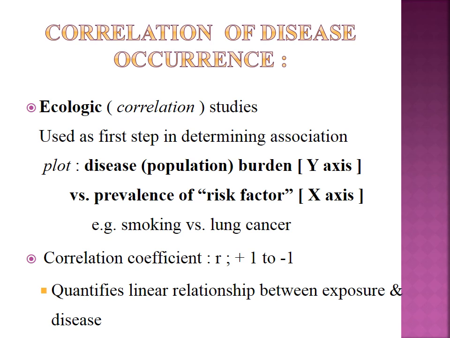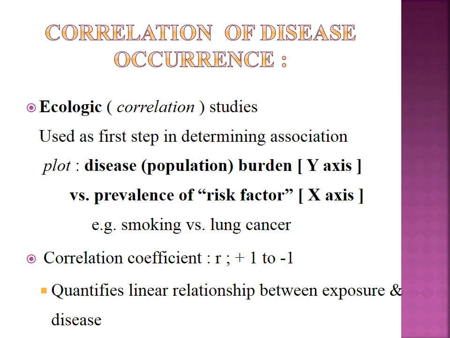Ecological studies are used as a first step in determining association. If we plot along the x-axis the prevalence of this factor, and on the y-axis the burden of disease, then we can get a nice plot of the relationship between the burden of disease and the risk factor.